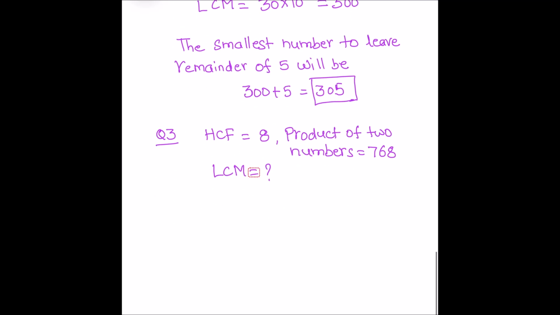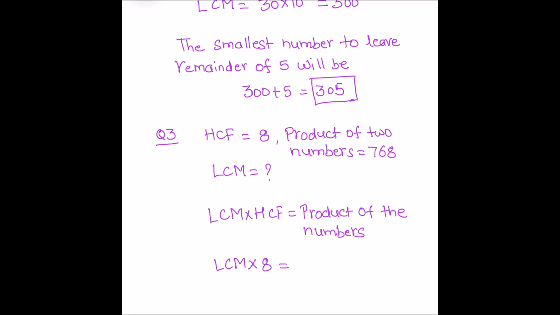So here too we are going to make use of the formula, which is LCM times HCF equals product of the numbers. So LCM we don't know, we are going to write it as LCM. HCF is given as 8 and product of the numbers is given as 768. So LCM will be 768 divided by 8.